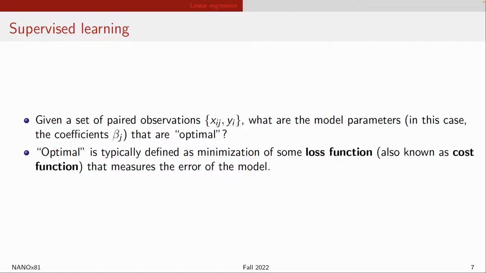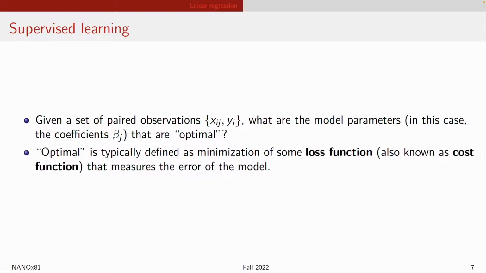That would give me a set of paired observations. And what I really want to find here is what are the model parameters, and in the case of linear models, our parameters are essentially the coefficients beta j that are optimal, right? So we want to find an optimal set of parameters that can map my input to output. And here, when we talk about optimal, we usually define it in terms of the minimization of a loss function, okay?